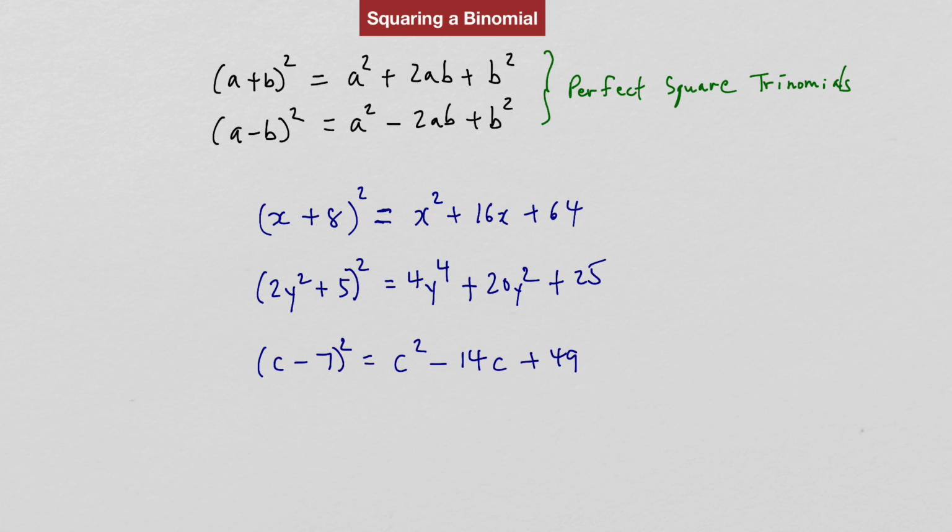All right, one more example. What happens when we have difference of two squares? Well, what do I mean by that? Let's take a look. Let's say we have x plus 2 times x minus 2.